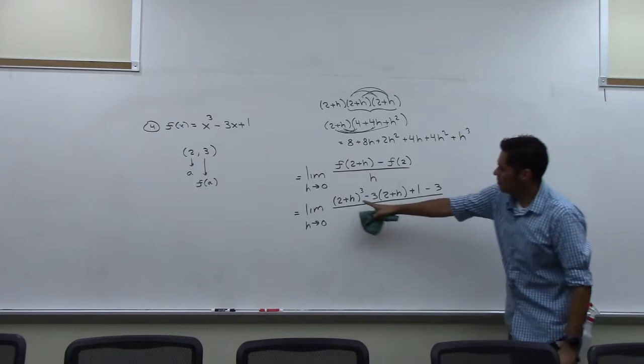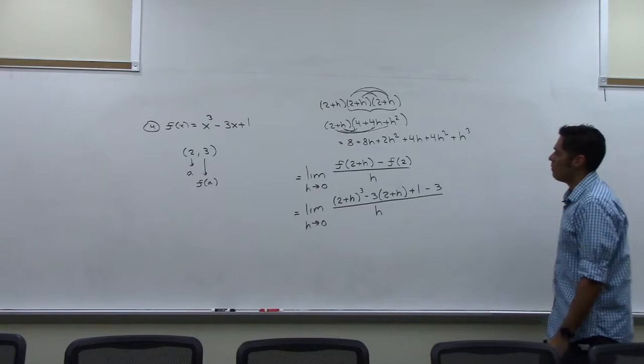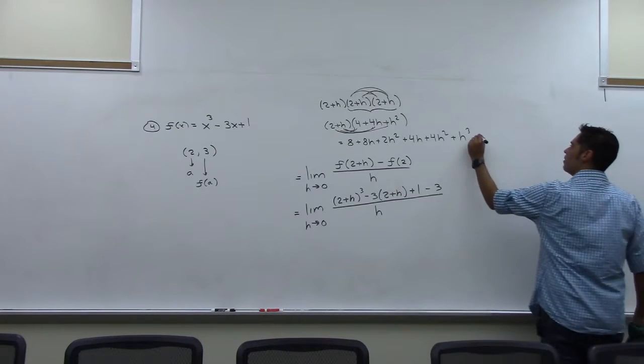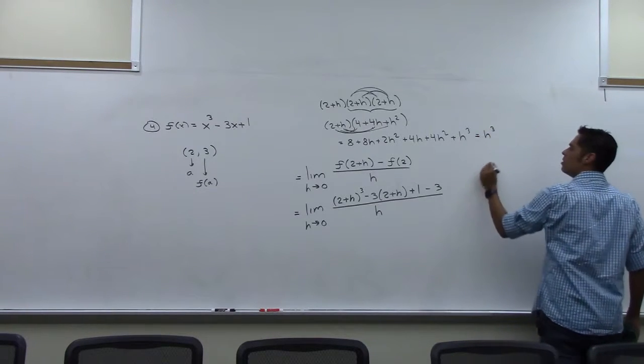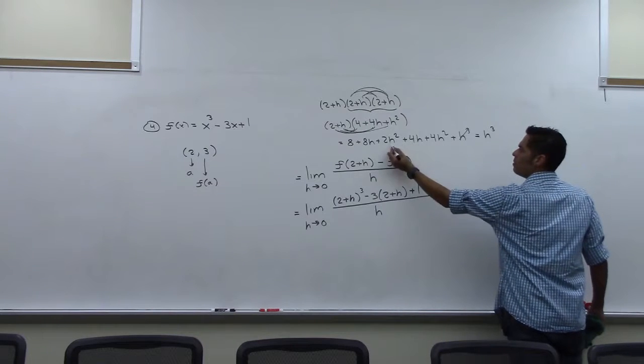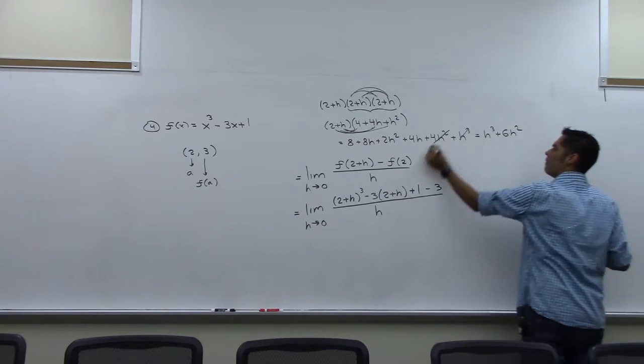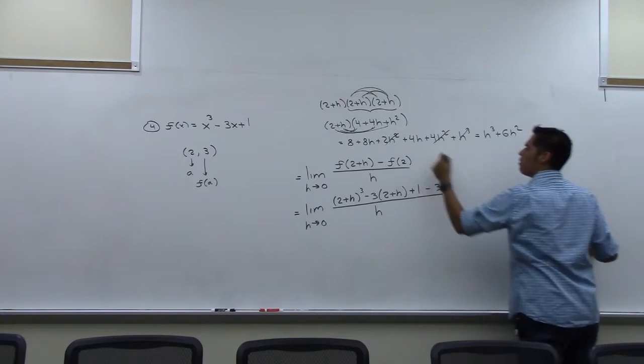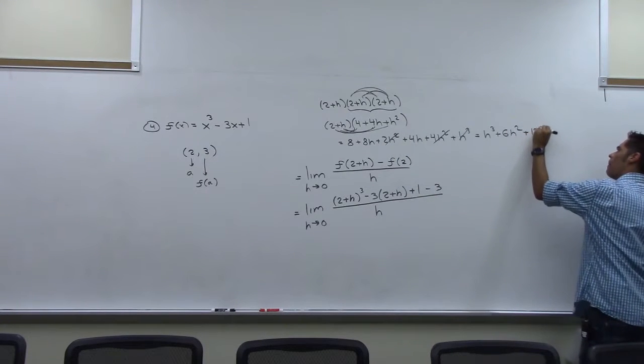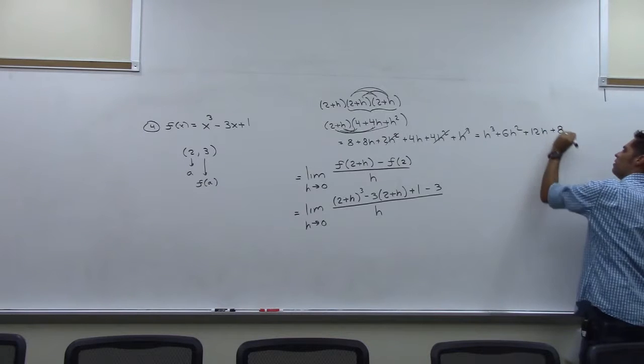And that's just going to be this top left corner. And why don't I combine like terms? So h cubed, let's see, h squared, 4h squared and 2h squared is 6h squared. 8h and 4h is 12h. And then I have plus 8.